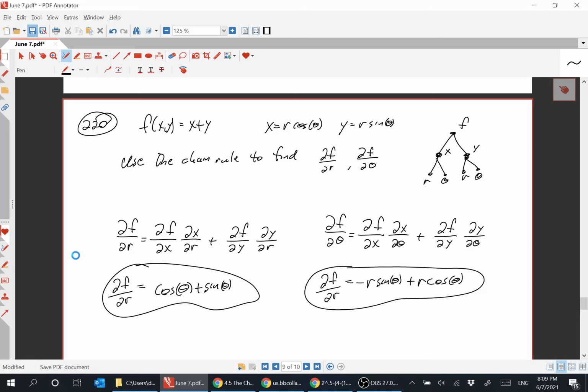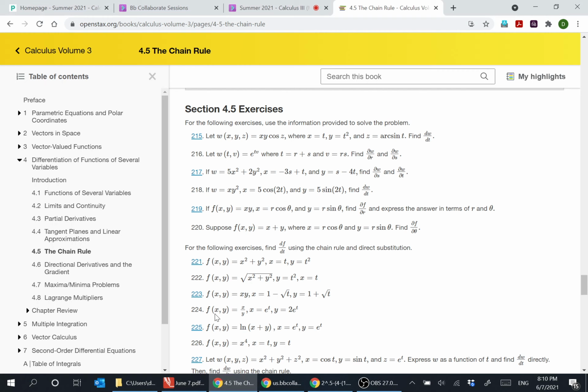So in 222, asking you to do the same thing, calculate both ways. Calculate the derivative of f with respect to t, using the chain rule and using direct substitution.